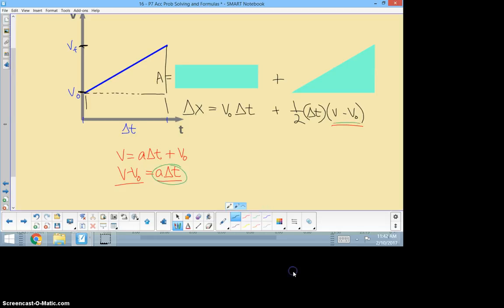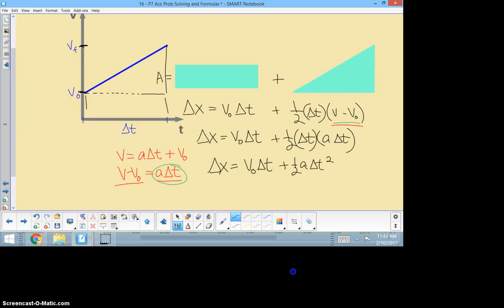And so this expression then becomes delta x equals v0 times delta t plus 1/2 delta t times our new quantity, a delta t. And when you simplify that, v0 delta t plus 1/2 a delta t squared. This is our second equation for accelerated motion.